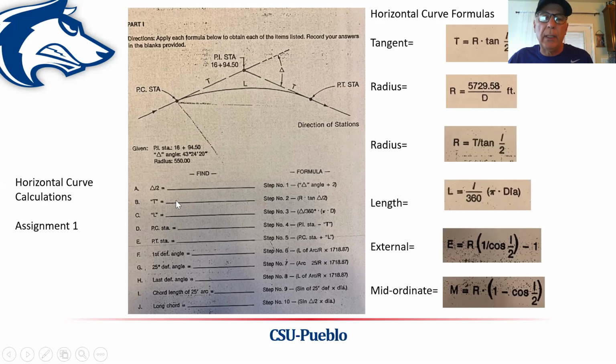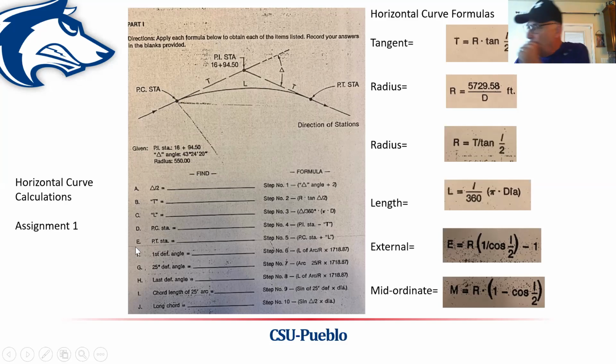We did that by subtracting this tangent distance. That tangent distance was 218.90. Therefore, our PC station was station 14 plus 75.60. That becomes the station of this.